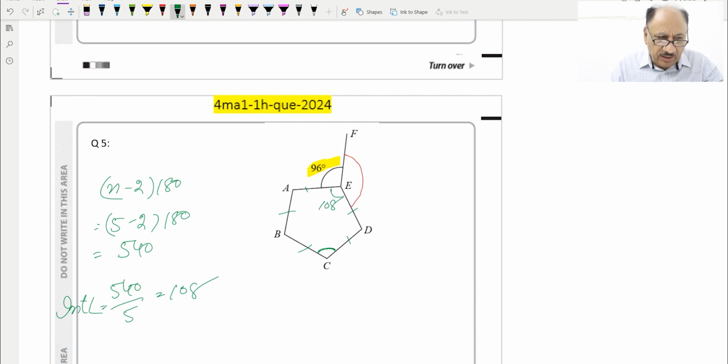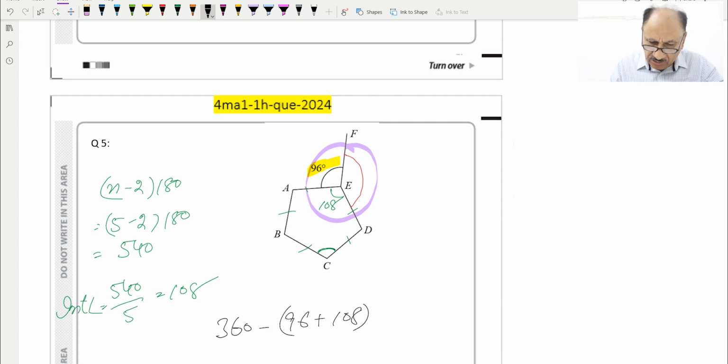Now the angle at this circle, which circle? This circle is 360. So we can write 360 minus one angle which is 96, and the other angle which we just found is 108. So this will be equal to angle FED.